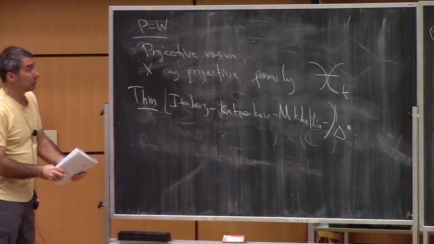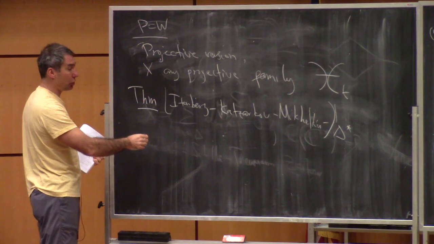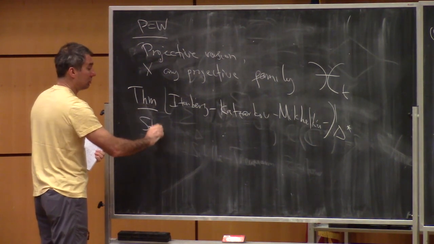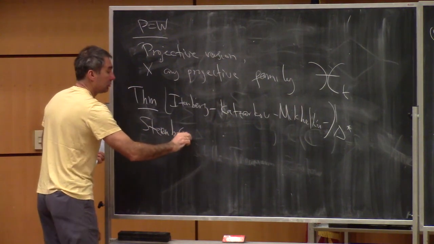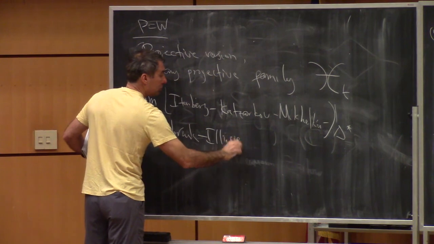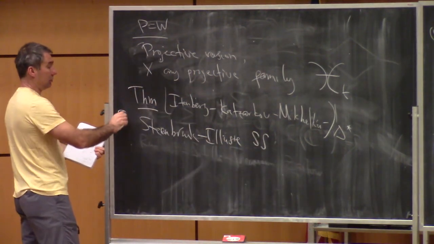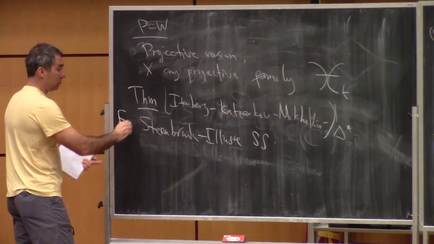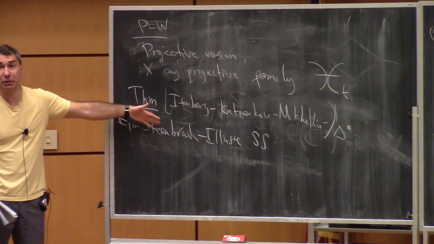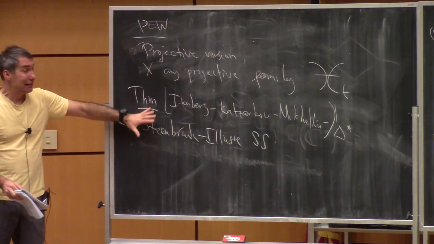The following: you can take a limiting mixed Hodge structure of this and take the Steenbrink-Kelly spectral sequence, and take the E1 term in there. The Steenbrink-Kelly spectral sequence is known to calculate the weight filtration in this limiting mixed Hodge structure.